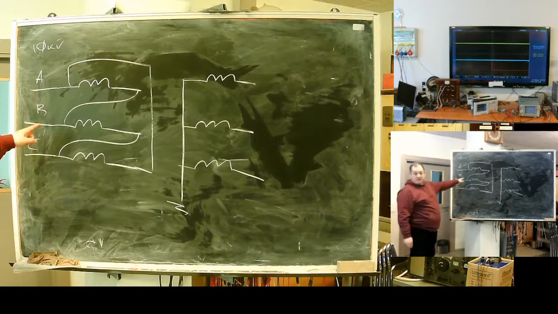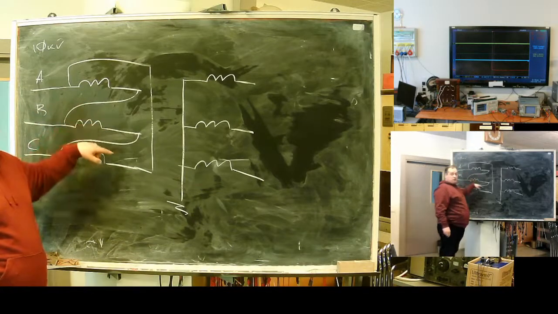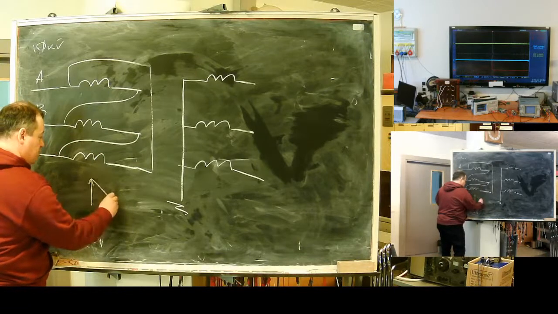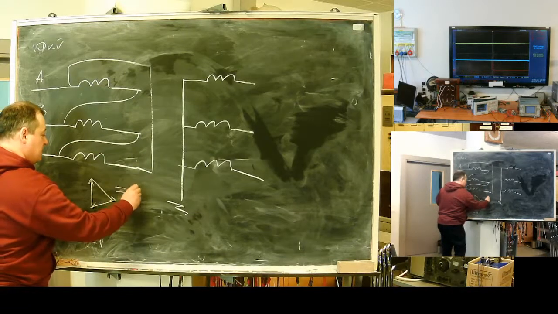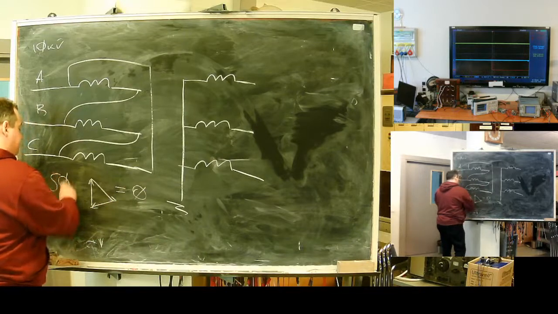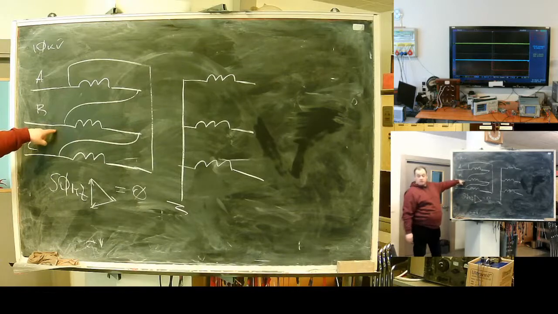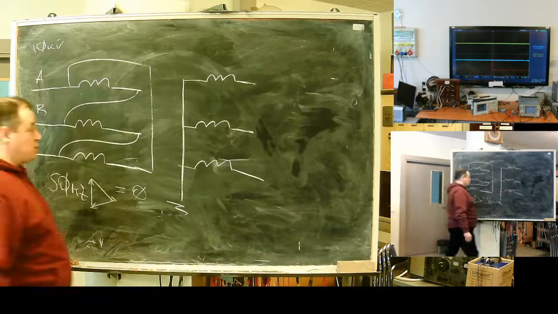For 50 Hz, in such a connection, what will happen? We again see A plus B plus C equals 0 at 50 Hz. For third harmonic, the delta connection is a short circuit.